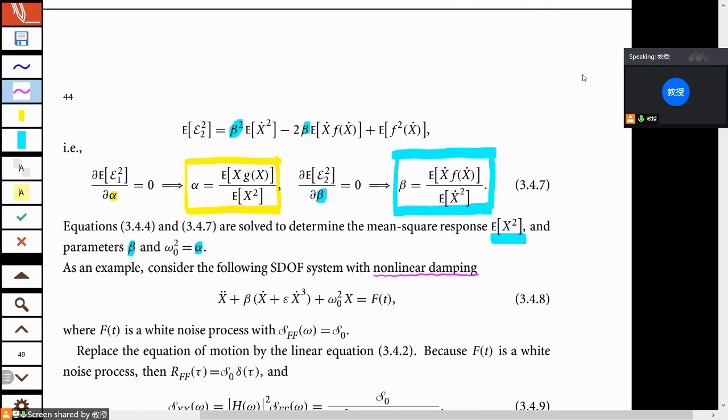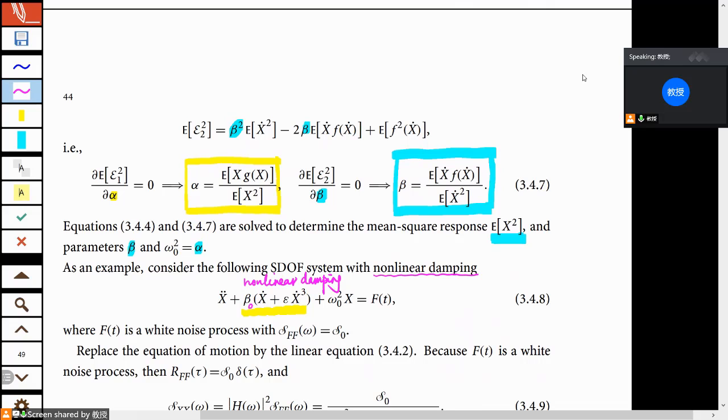So if you have the notes, please work with me and then we change some of the notation. So let's call this beta 0. Here we have nonlinear damping and linear stiffness.